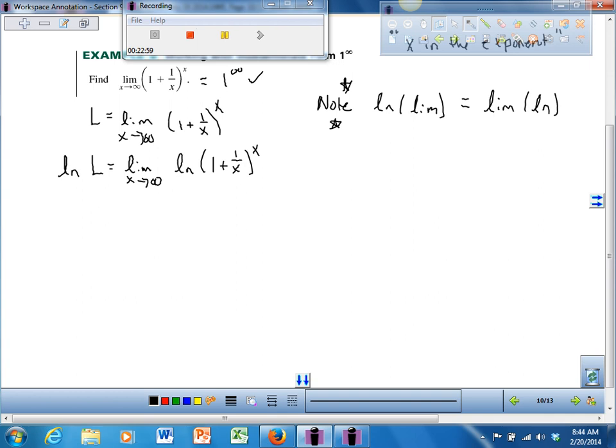All right, so given that, now what can I do since I'm taking the natural log of this? Bring the x down in front. We still have a natural log of L on the left equals the limit as x approaches infinity of x natural log of 1 plus 1 over x, like that.